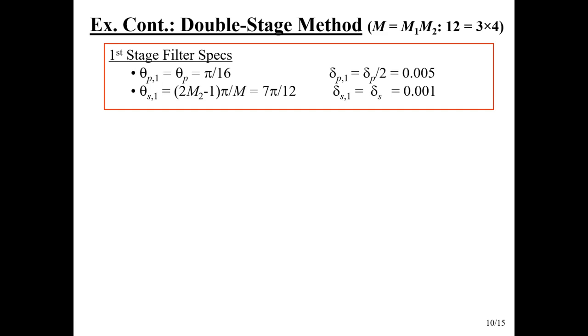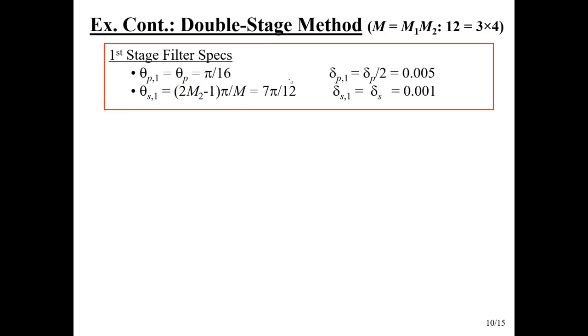So now we're going to specify what our first stage filter needs to be. So remember, we said that pi over 16, that doesn't change. But now here's our magic result that we said for the first stage. Again, for just a two-stage approach, that was our magic formula.